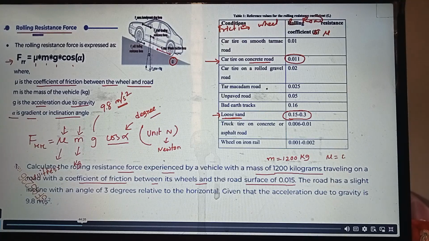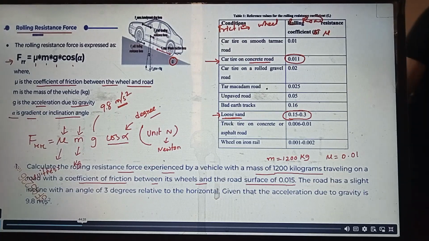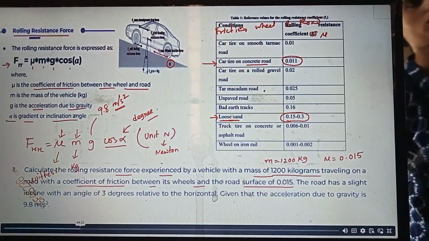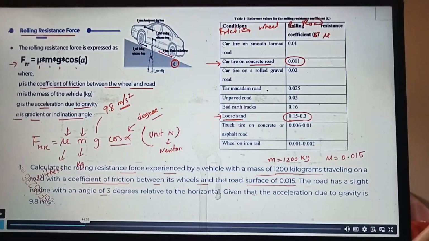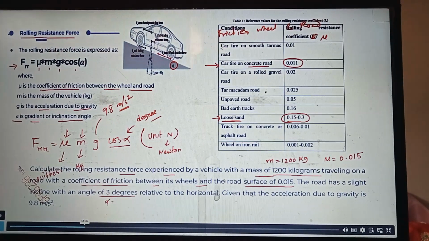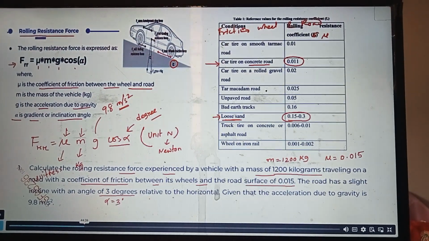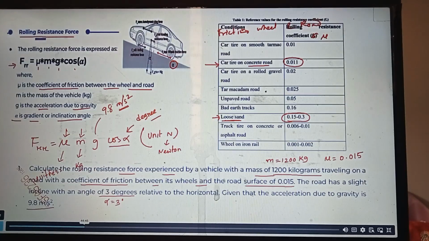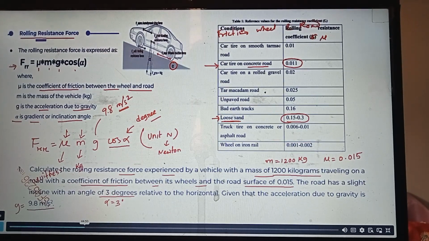That means mu equal to 0.015. The road has a slight incline with an angle of 3 degrees. That means alpha equal to 3 degrees. Given that the acceleration due to gravity is 9.8 meter per second square, so that is the g. Okay, so all these values are given.